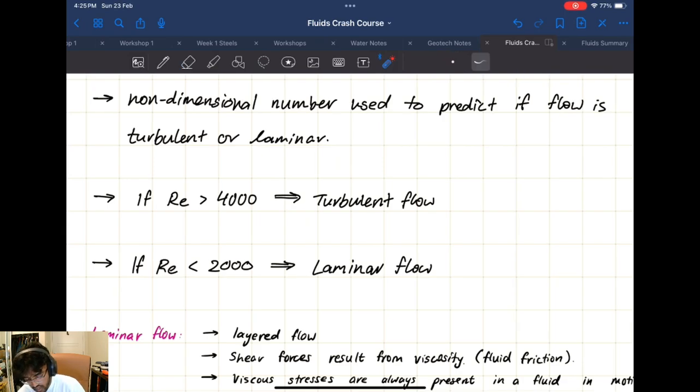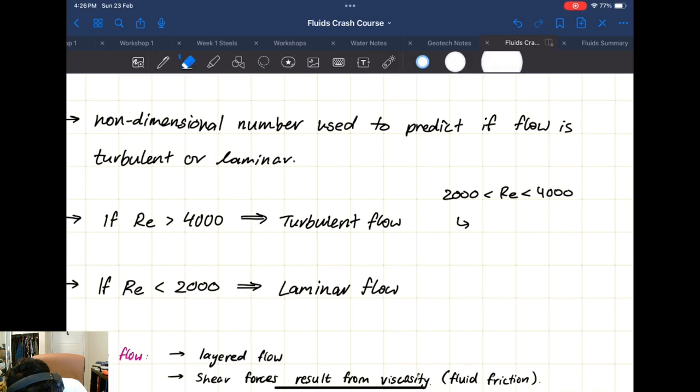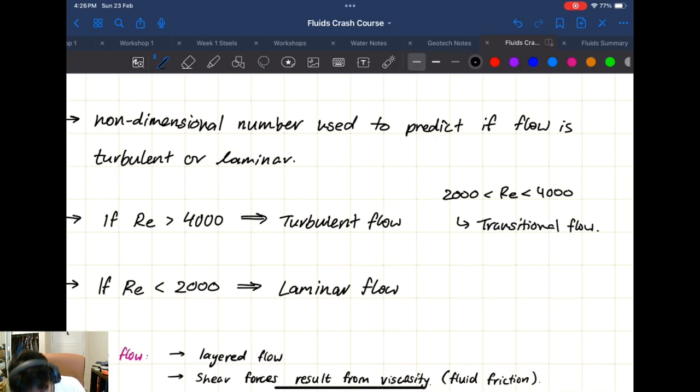Okay, so if our Reynolds number is greater than 4,000, then we have something called turbulent flow. If it's less than 2,000, then we have something called laminar flow. If it falls within 2,000 and 4,000, then we have something called transitional flow, which we don't actually care about too much in this course, mainly because in real life they haven't figured out what transitional flow really is, and any calculation to do with transitional flow is really difficult.